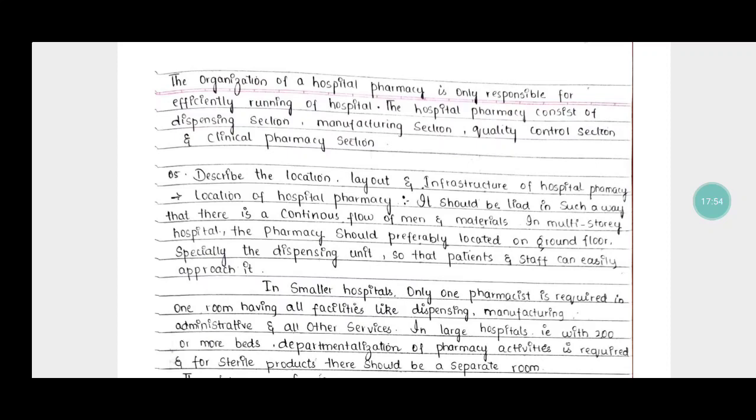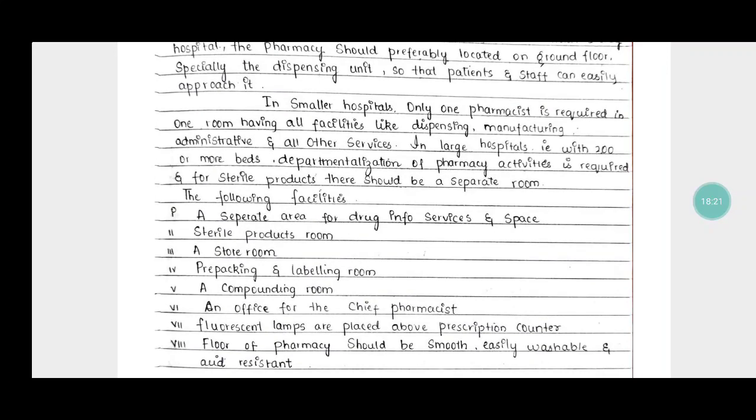The location of the hospital pharmacy should be laid in such a way that there is a continuous flow of man and materials. In a multi-story hospital, the pharmacy should preferably be located on the ground floor, especially the dispensing unit, so that the patients and staff can easily approach it.